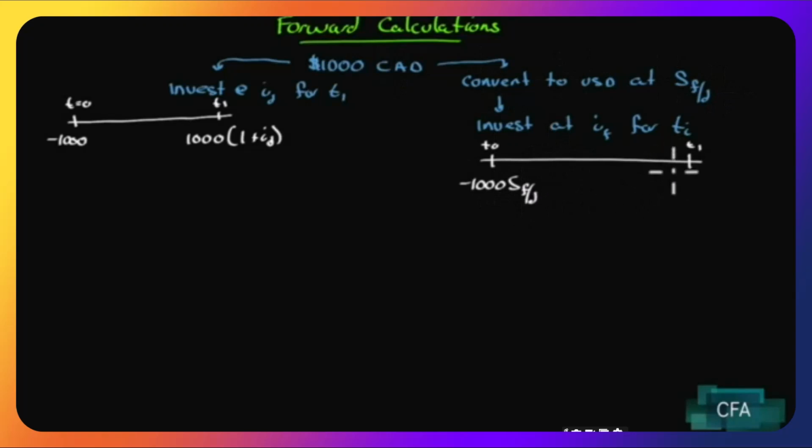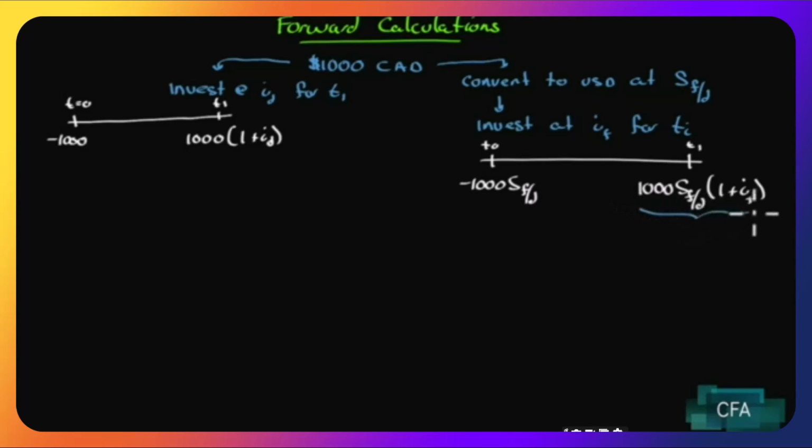And in period T1 from now, our American dollars will have grown by whatever the interest rate is in the foreign market. So we'll have, at that time, 1,000 times the spot rate multiplied by 1 plus the interest rate. That gives us how much US dollars we have.